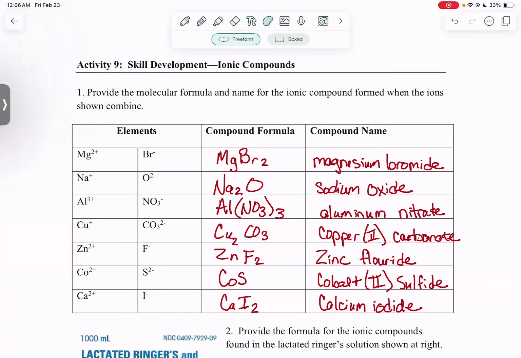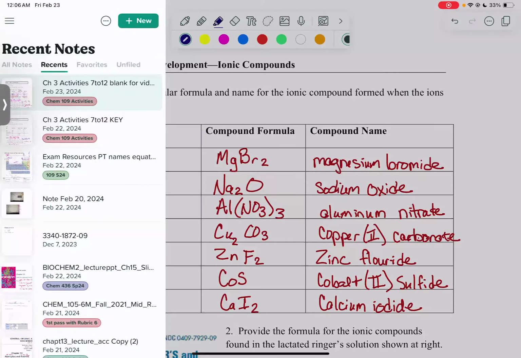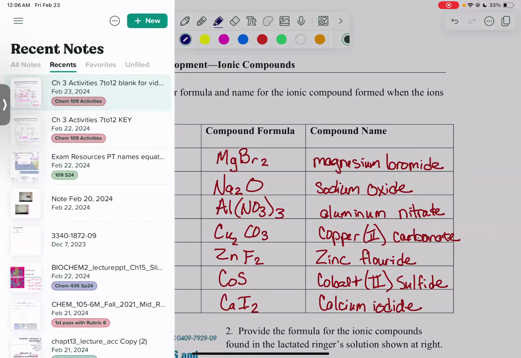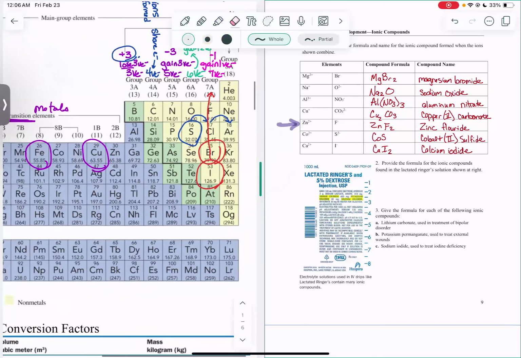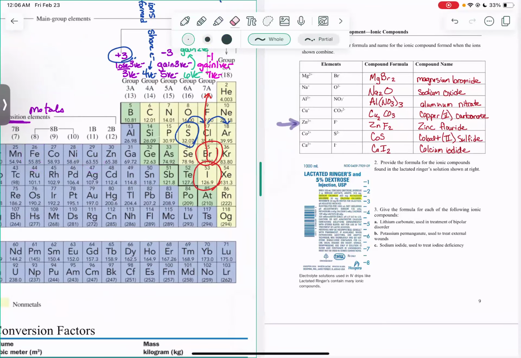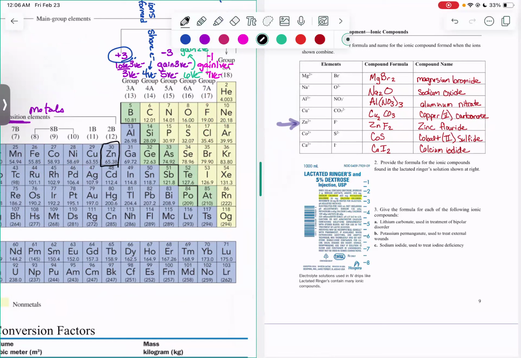The only one that's a little bit tricky is right here, where we're combining zinc and fluorine. Zinc looks like a transition metal, and you're 100% right, it is. So if we pull up our periodic table, we see that right here, zinc is a transition metal, but it's an exception.